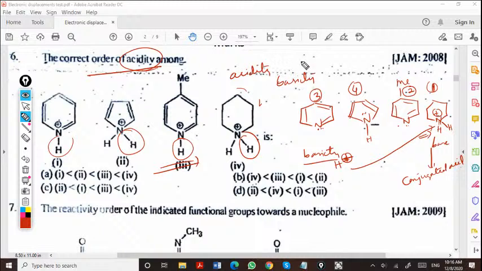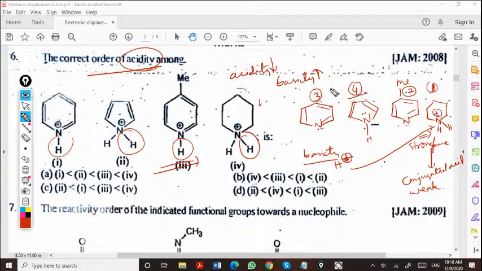But the thing is, when a base is strong, the conjugate acid which is forming will be weak. So if the basicity is more, the acidity will be less. If you need to find the more acidic one, you need to find the least basic one.